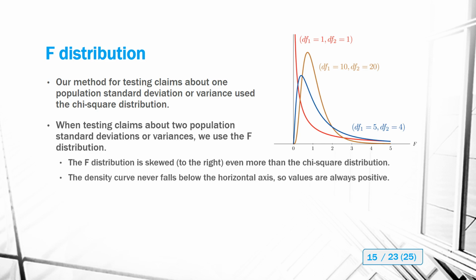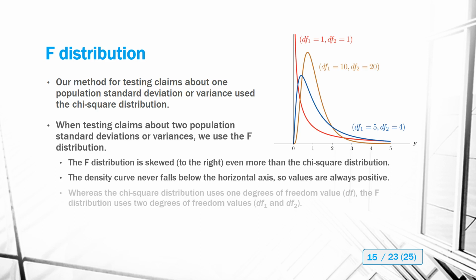Furthermore, the density curve, just like the chi-square distribution, never falls below the horizontal axis. So all the values you get from the distribution are going to be positive. They will never be negative. Now, with the chi-square distribution, we have one degree of freedom value. The F distribution differs significantly in that it has 2 degrees of freedom values.